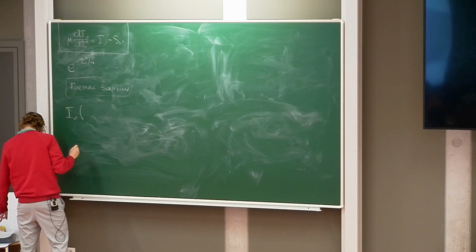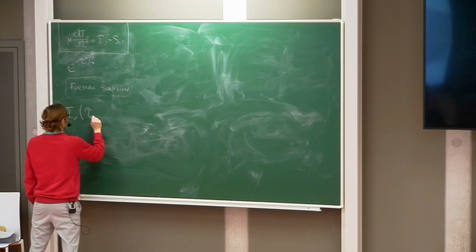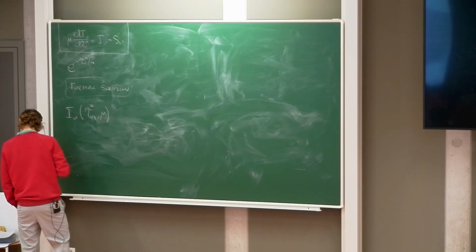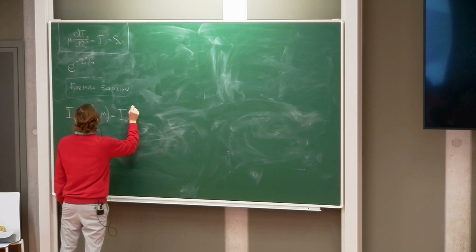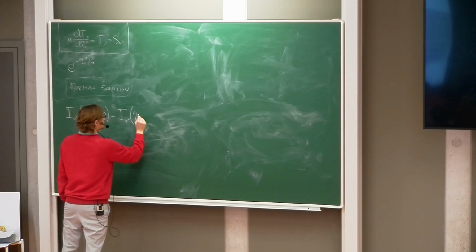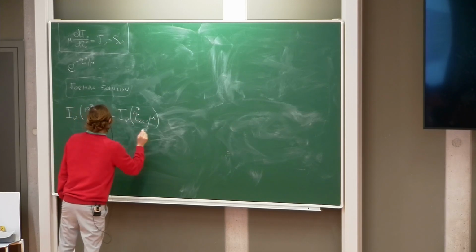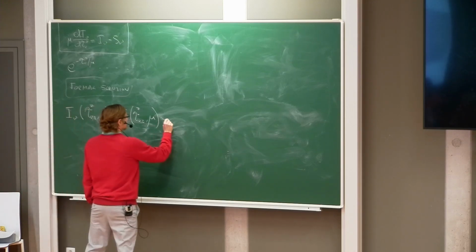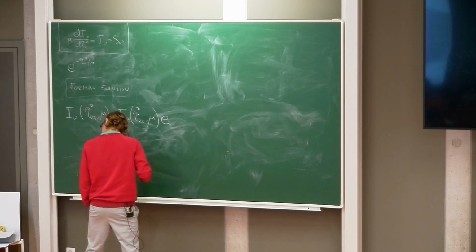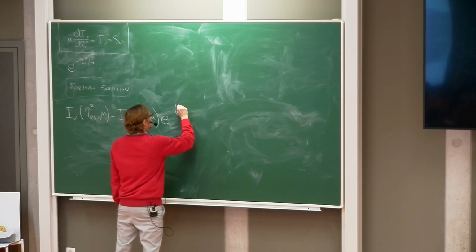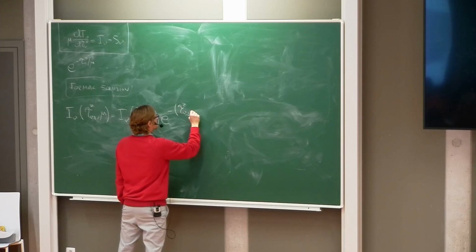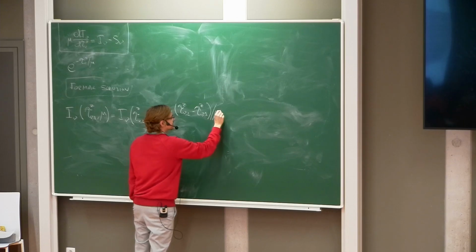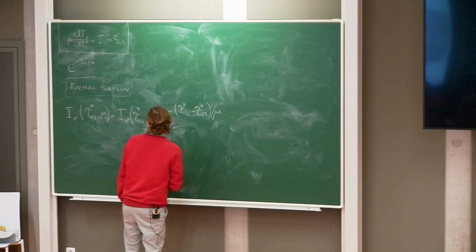It is I nu of tau nu 1 in the z direction, as a function of mu, equals I nu of tau nu 2 in the z direction, as a function of mu, times e to the minus tau nu 2 minus tau nu 1 in the z direction, where this is of course tilted with the mu, divided by mu.